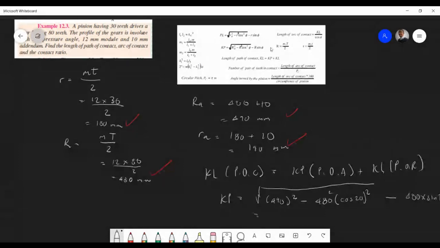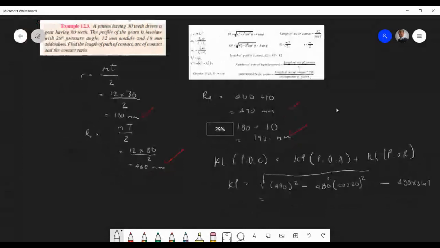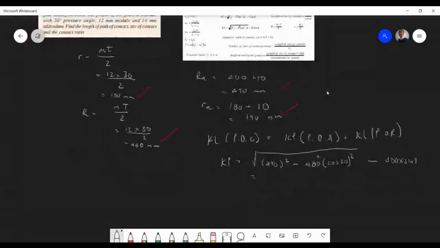Again, it's the same story every time: times cos 20 squared outside the bracket, minus times sine 20.